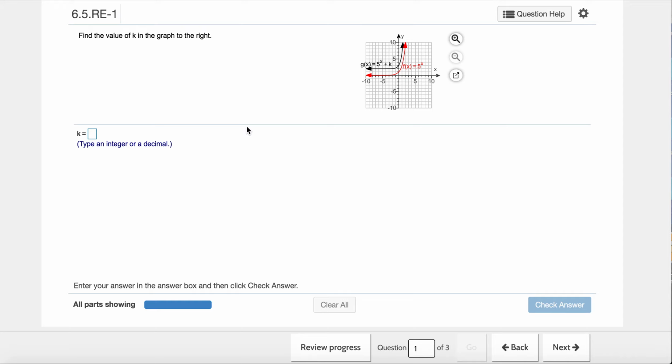As you see here, you see the questions, and if you're having difficulty solving them, you have Question Help here on the right of your computer, right?